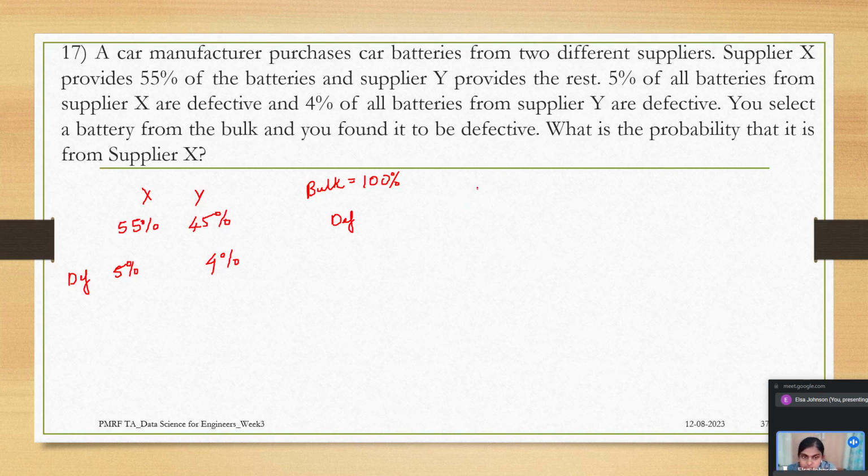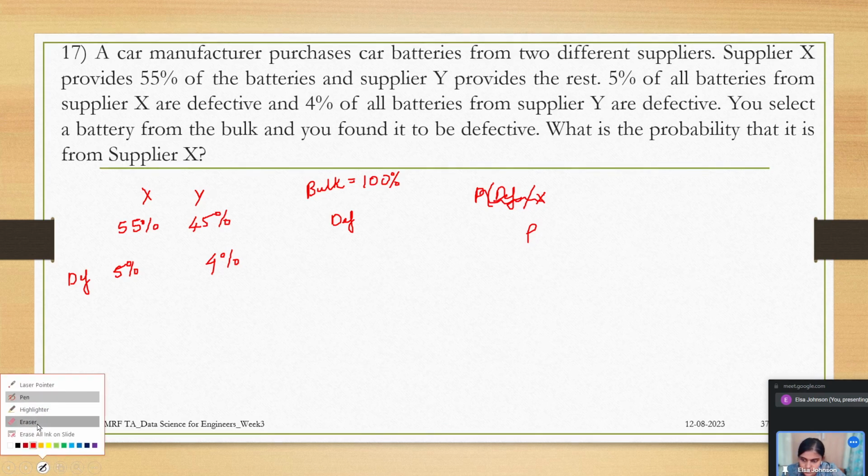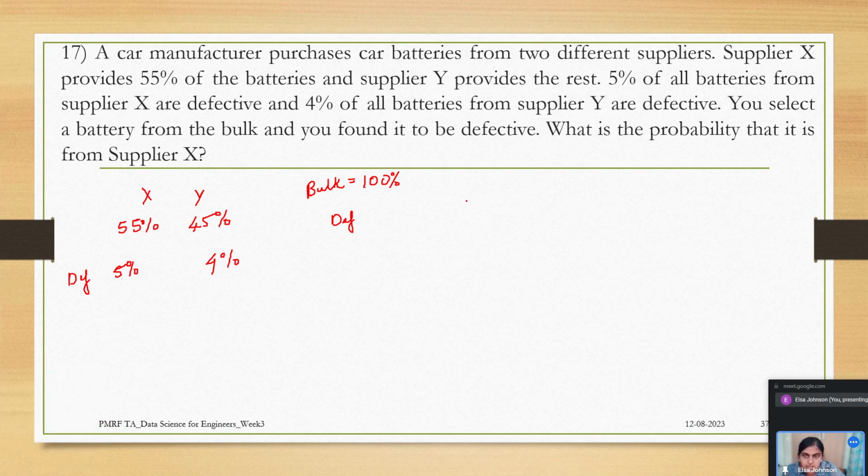At the end it is the probability that it is from supplier X given that it is defective. That is what is asked.